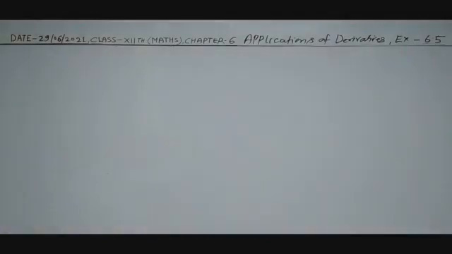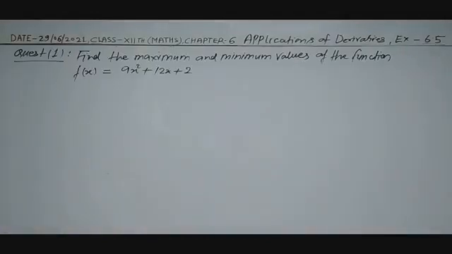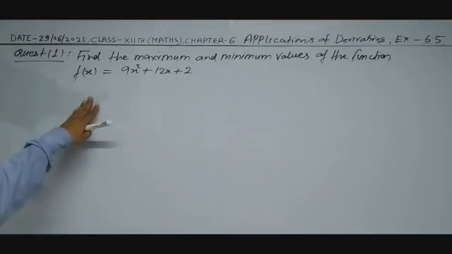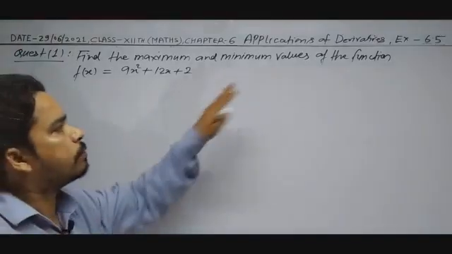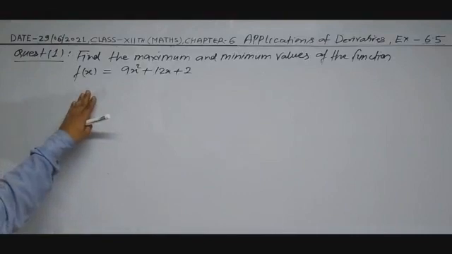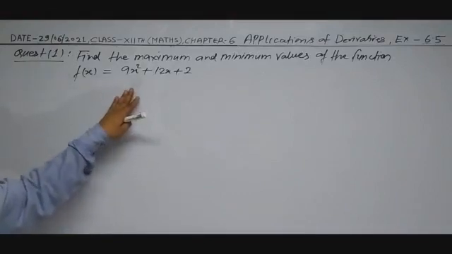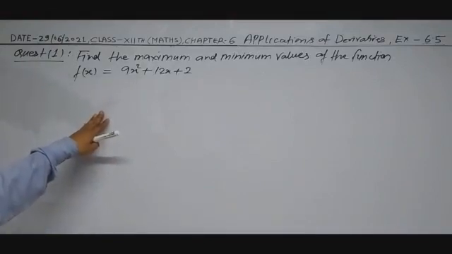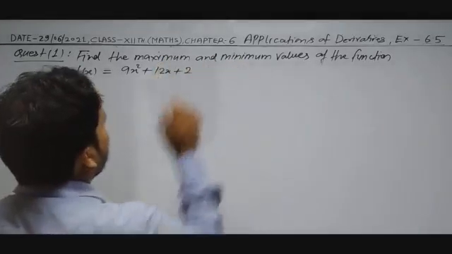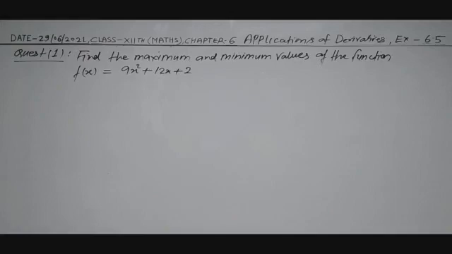See, question number 1. Find the maximum and minimum values of the function f(x) = 9x² + 12x + 2. This is the question, and we have to find out the maximum and minimum values of the function.